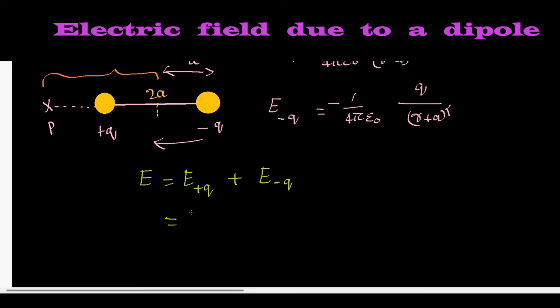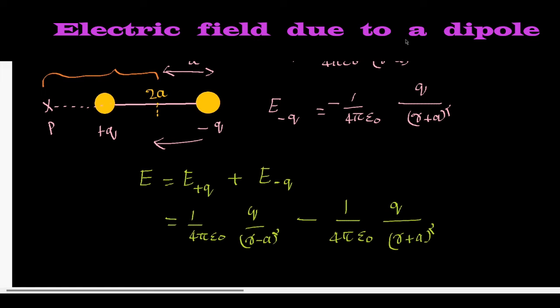It will be 1 by 4 pi epsilon 0 q divided by (r minus a) square plus of minus. Since this minus sign is there, instead of addition, we have to write a minus sign. Okay, 1 by 4 pi epsilon 0 q divided by (r plus a) square.